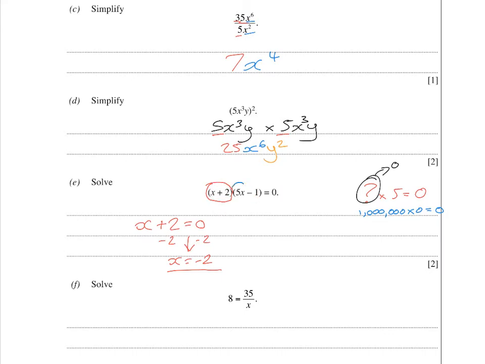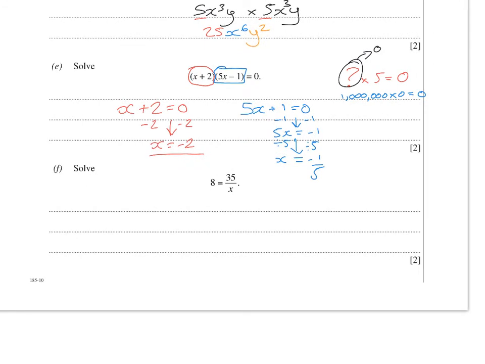The other option is making this 0. So 5x plus 1 equals 0. Take plus 1 off each side, so we get 5x equals minus 1. And then we divide both sides by 5, and we get x equals minus 1/5.